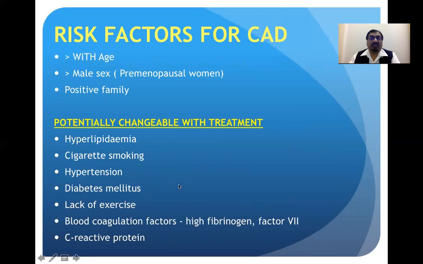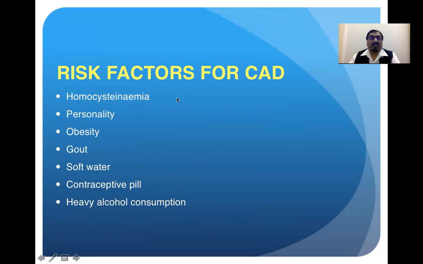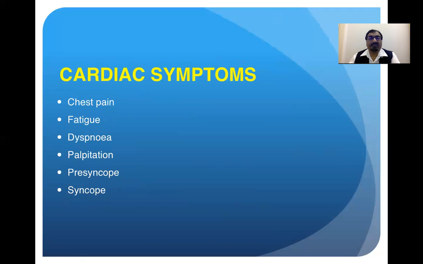These are some of the things which we have to keep in mind. And then there are some factors like homocysteinemia, personality disorders, obesity, gout, soft water, contraceptive pills, heavy alcohol consumption. So you can see that many of these things can be prevented. Therefore, there are a lot of things by which coronary artery disease can be prevented.